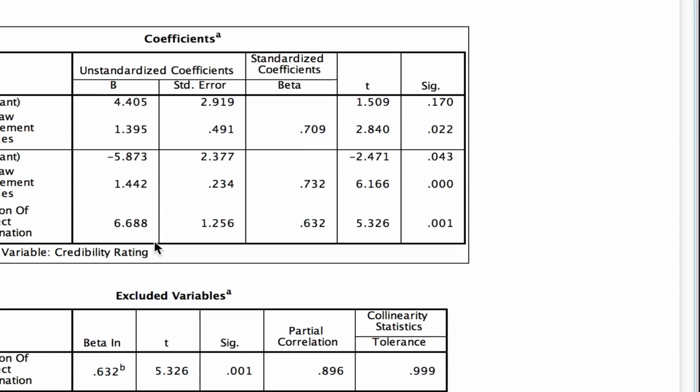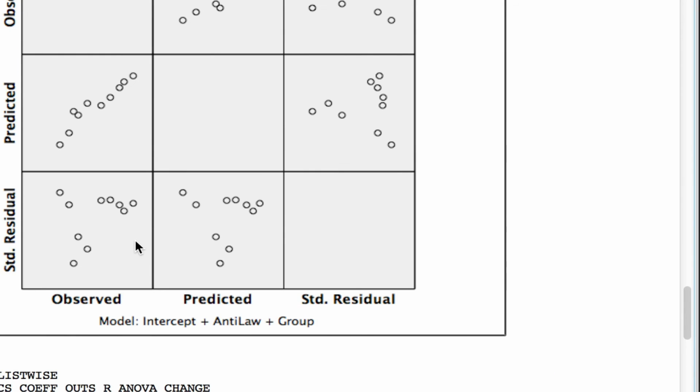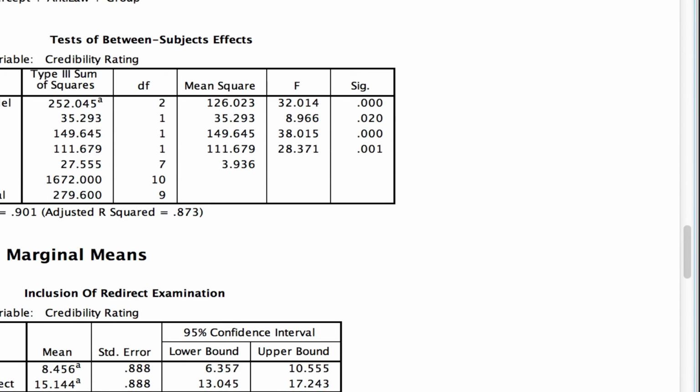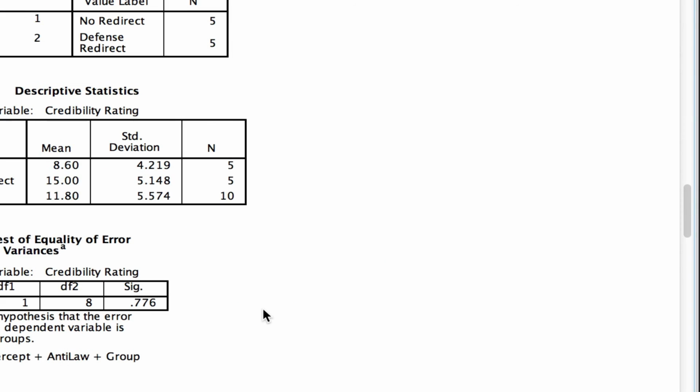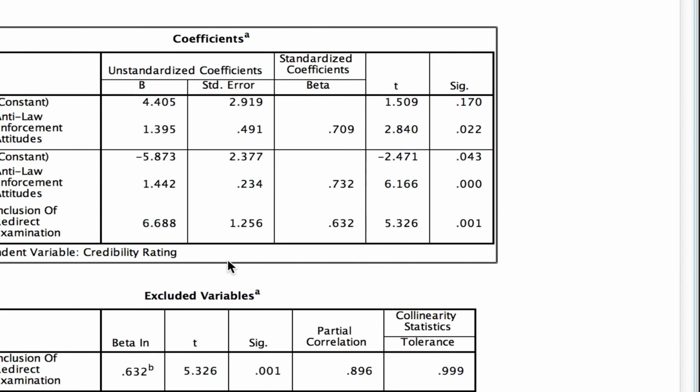So we see that here we had some means that were a little different to what our means were in our descriptive statistics. That was because we used this regression equation to calculate them.